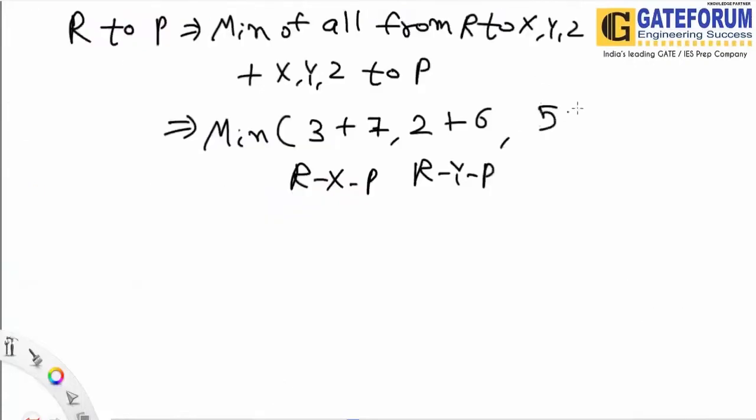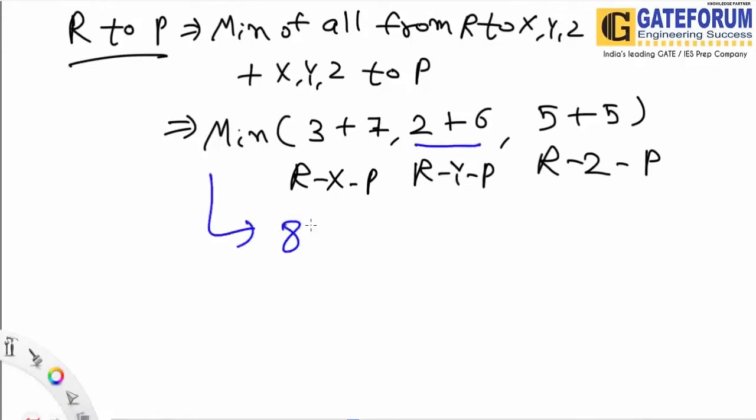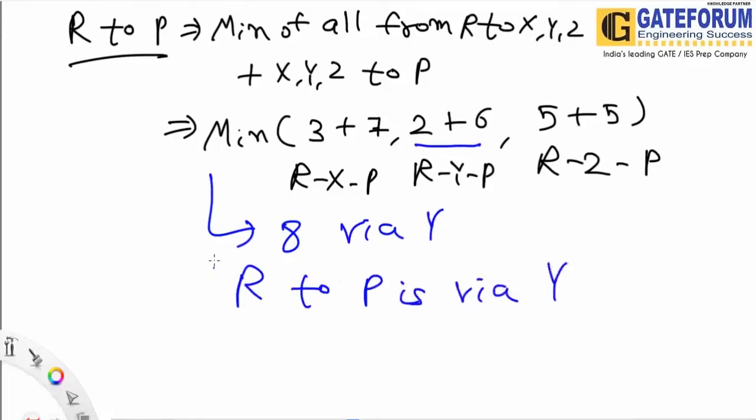So 5 plus 5, which is R to Z to P. So we are basically traveling from R to P only. If you look at the minimum, it is via Y. The minimum distance is 8, because the others give 10 and 10, and this gives 8 via Y. So R to P is via Y, and the distance is 8. That's what we got in the first equation.